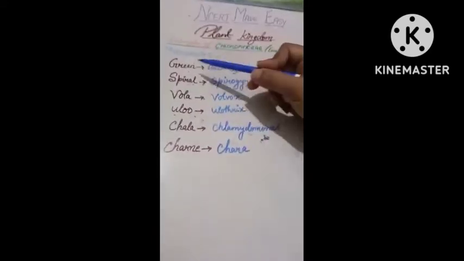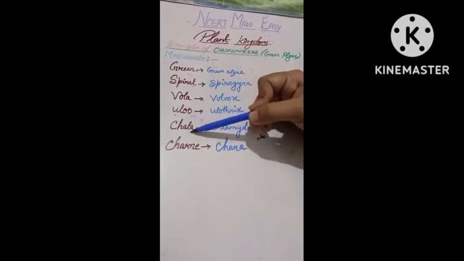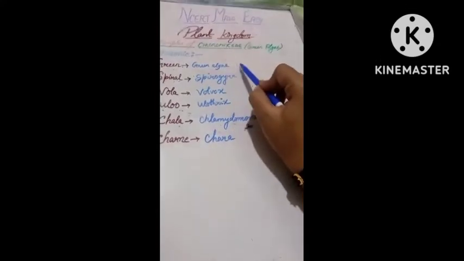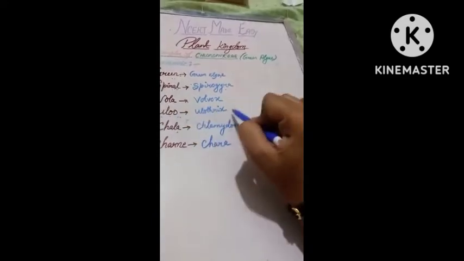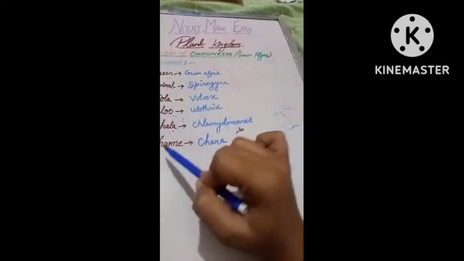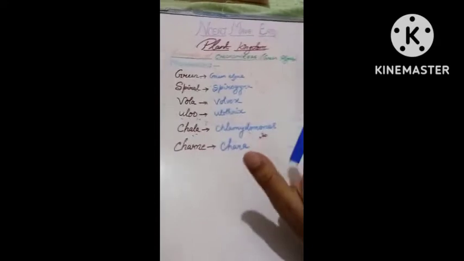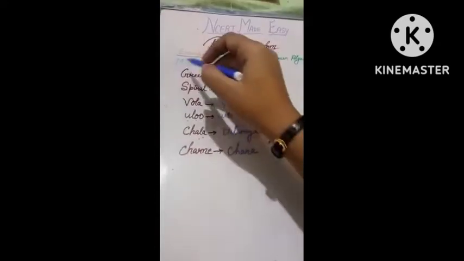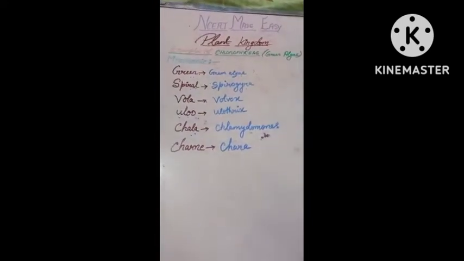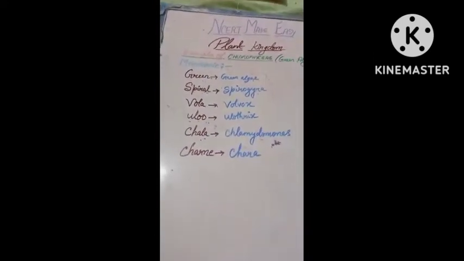So it's very easy. Green, spiral, bhola, ullu, chala, charne. So green for green algae, spiral for Spirogyra, bhola for Volvox, ullu for Ulothrix, chala for Chlamydomonas, charne for Chara. Believe me, just repeat it 5 to 6 times. You will never forget these examples.